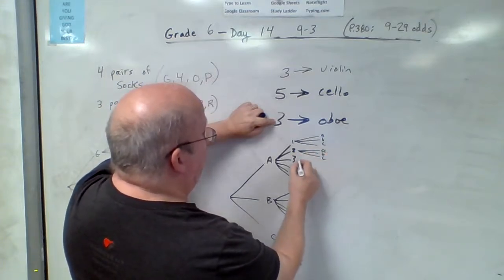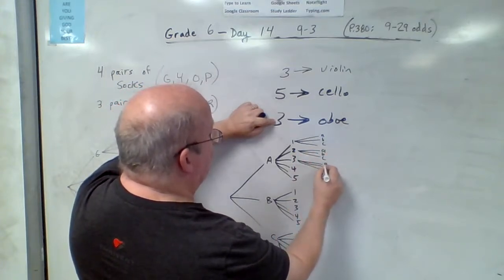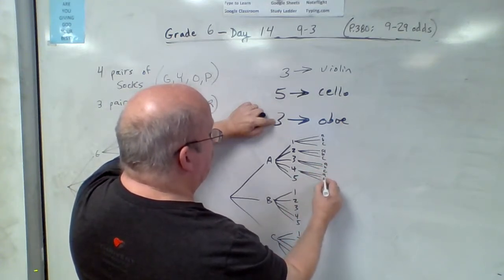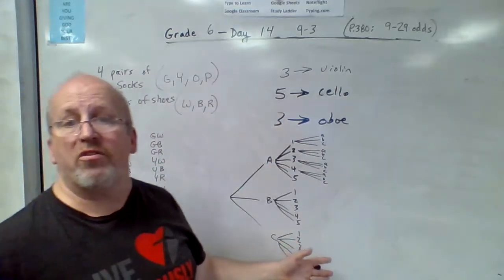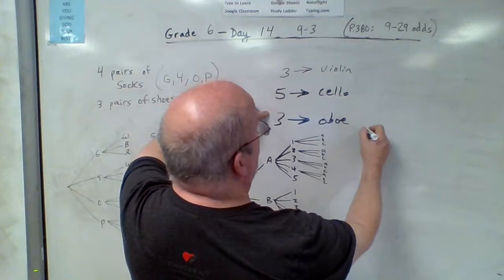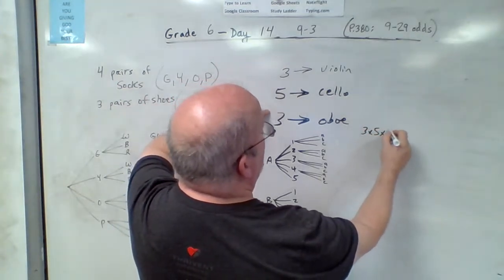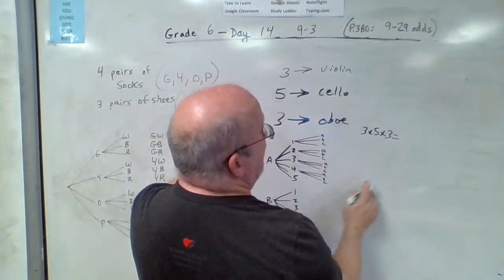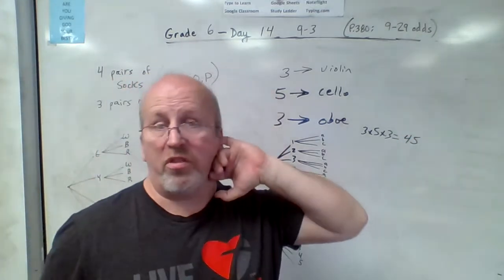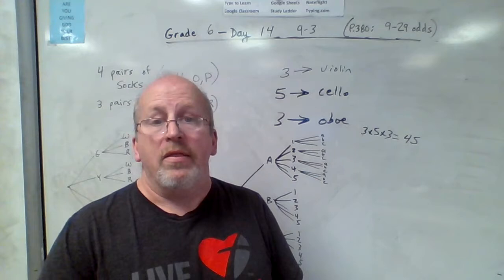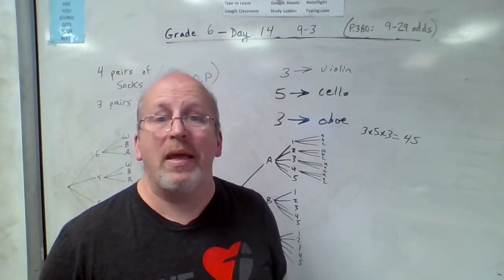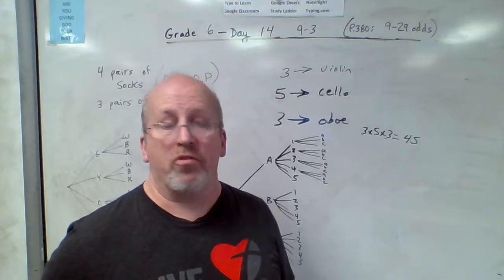Do you notice what's happening? I am definitely running out of room. I would need a much bigger whiteboard to finish this. A faster way, using the fundamental counting principle, is 3 times 5 times 3, which gives me 45 different ways in which the leader can add 3 people to the orchestra.